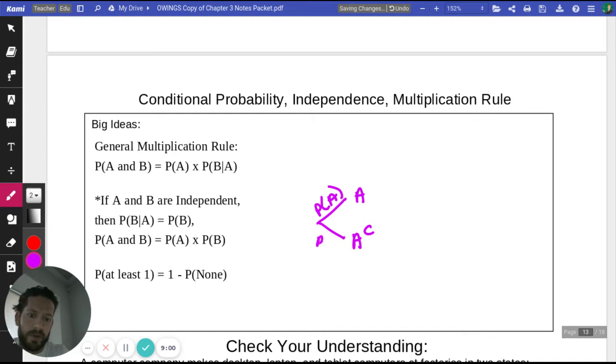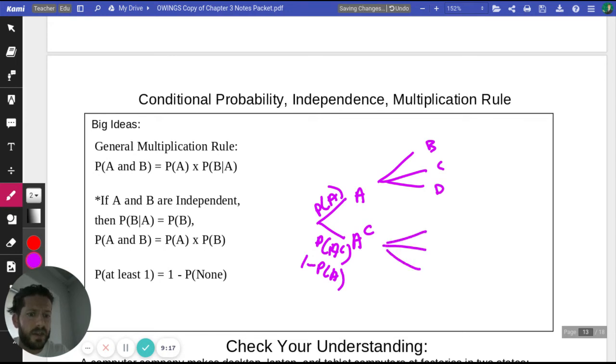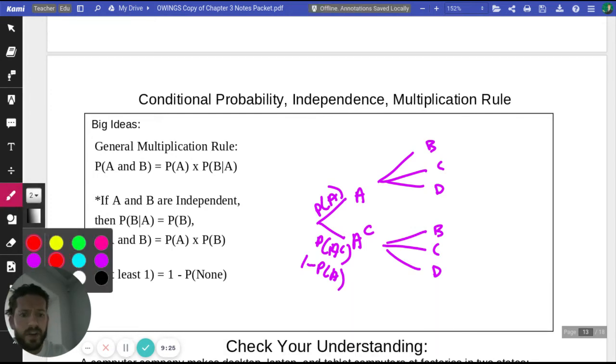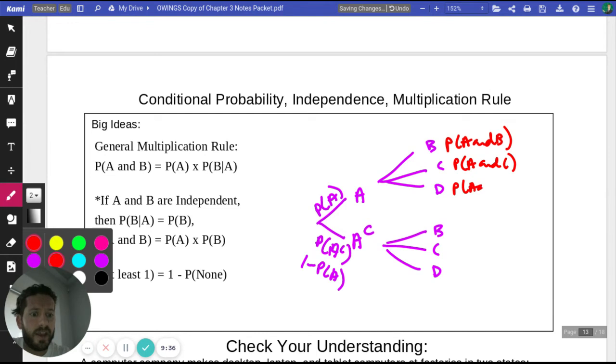And that probability of A happening is going to be the probability of A. Probability A not happening is probability of complement of A happening, or we can do 1 minus probability of A. And then we can have a couple different things happening here, maybe B, C, and D, etc. And then the probability of A happening and then B happening, that'll be the probability of A and B, and we'll follow those rules to the left. A and then C, probability of A and then D, etc., etc.